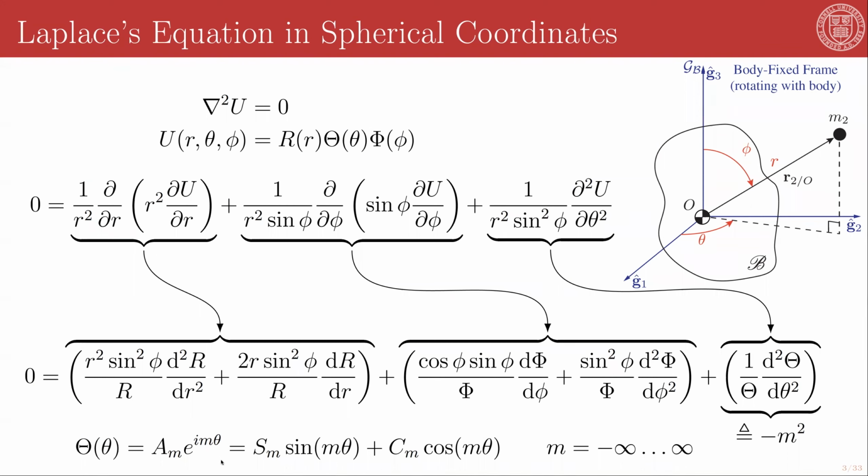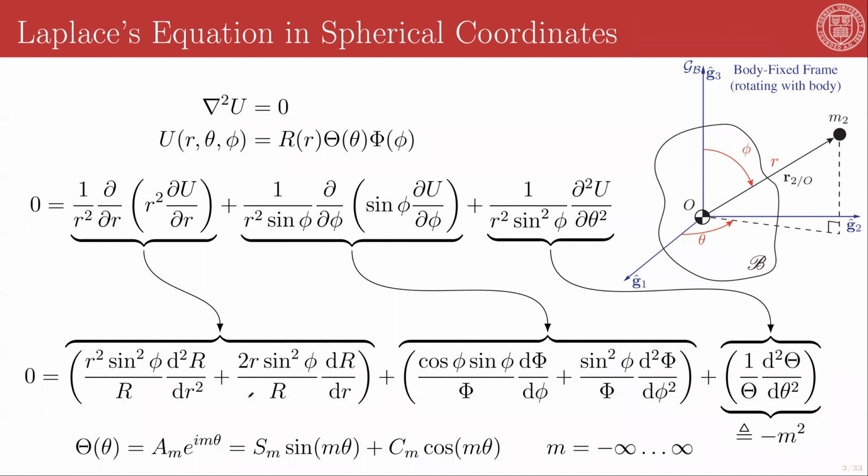Alternatively, we can use Euler's formula to rewrite this complex exponential as the sum of cosines and sines in m theta, and then we will have two sets of constants, c sub m and s sub m, and you'll notice that we've absorbed the imaginary value into this s sub m. We can now substitute negative m squared for this third term.